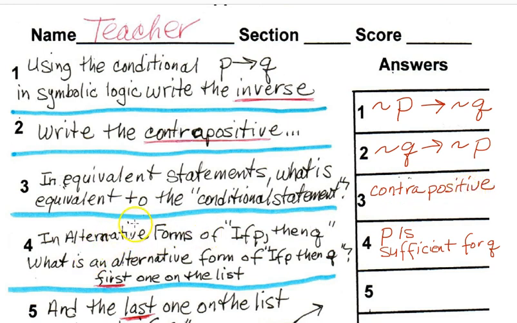And in our list of alternative forms of if P then Q, the first on the list is P is sufficient for Q. All right, we'll move on.